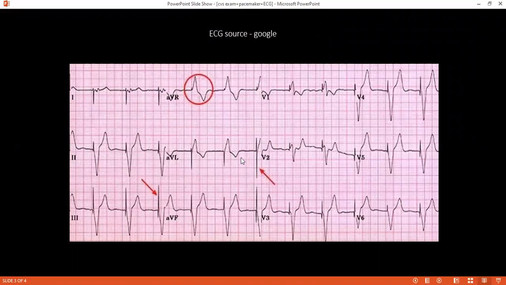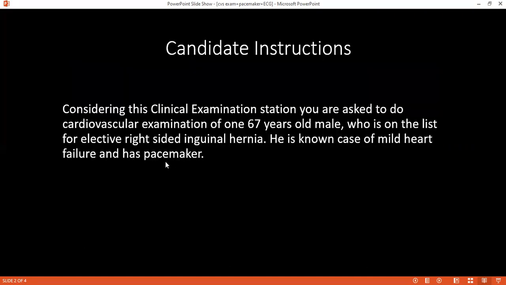in lead 3 and lead V2. What kind of rhythm is this? This is a regular rhythm. Did you read here? The patient has a pacemaker.